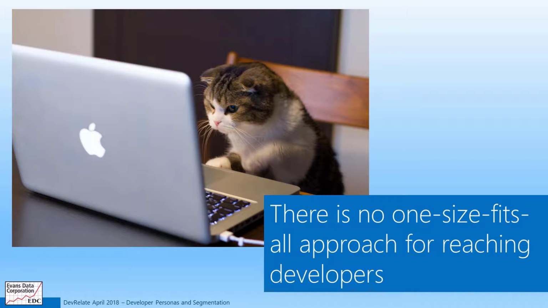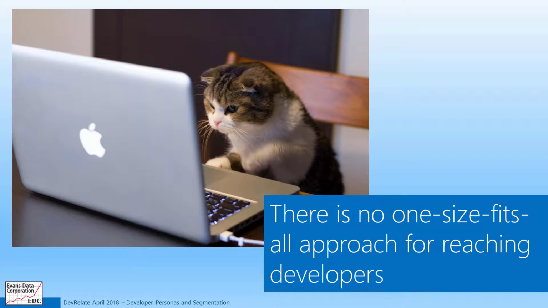Among the many questions that we get here at Evans Data is how do we look at the kinds of developers who use our tools and products? We like to say that it's actually a pretty complicated question. It's not so cut and dry as saying this is what a developer looks like and this is how we shall reach them. Certainly there are many common characteristics that developers exhibit, but it's really hard to target developers when they are interested in a diverse array of technologies and tools and are building many different kinds of applications.